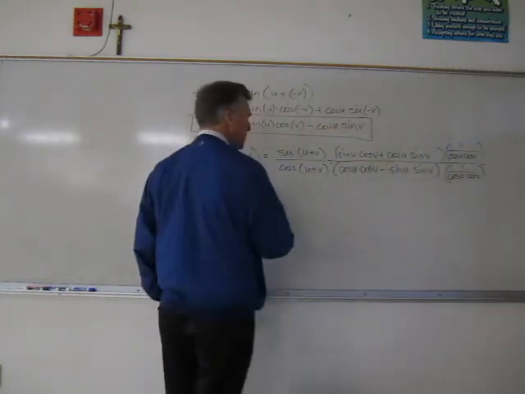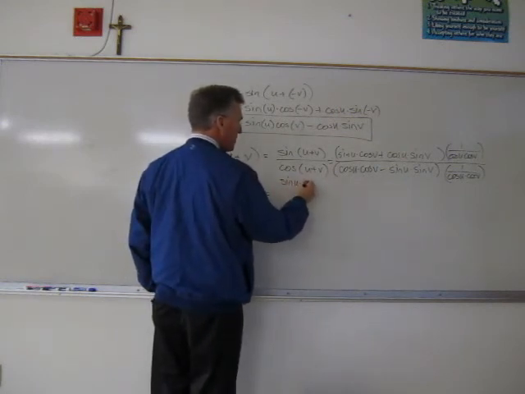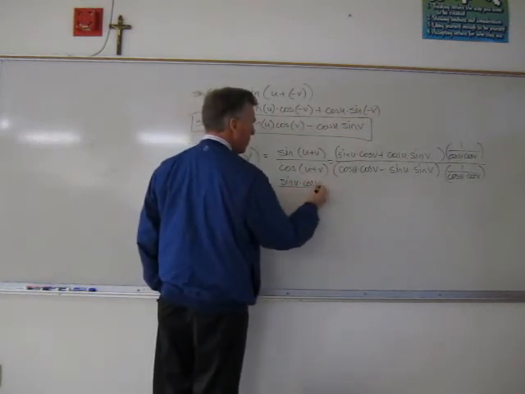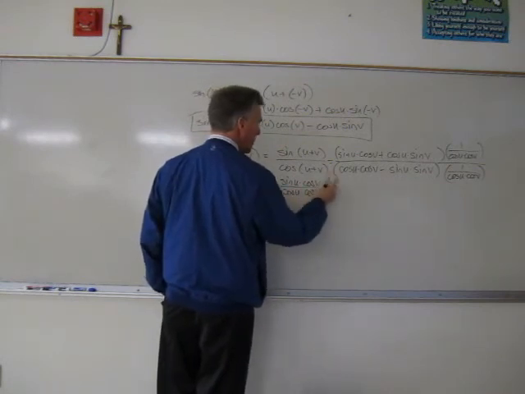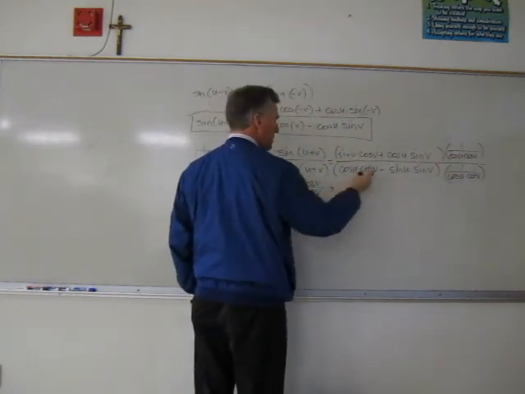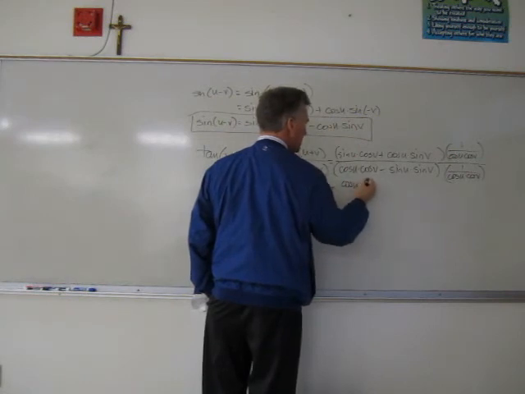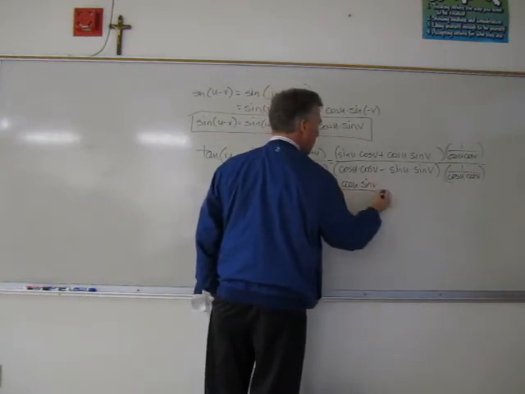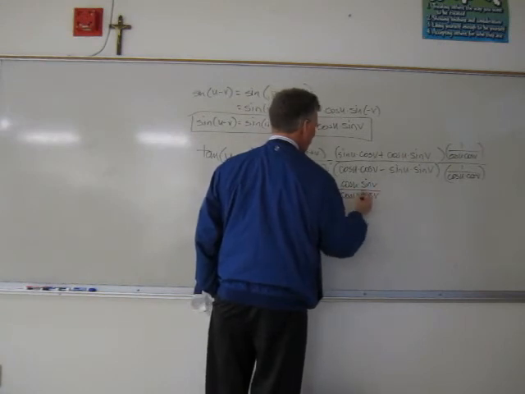So let's see what beautiful things await. My first numerator becomes sine u cosine v over cosine u cosine v. That's this times that. The second term in the numerator becomes cosine u sine v over cosine u cosine v.